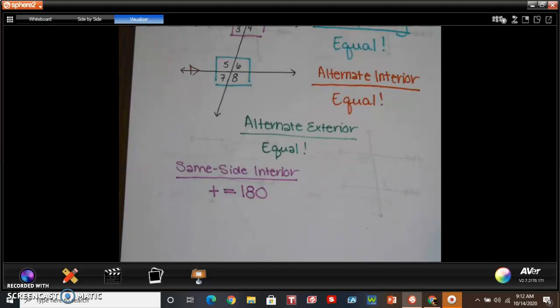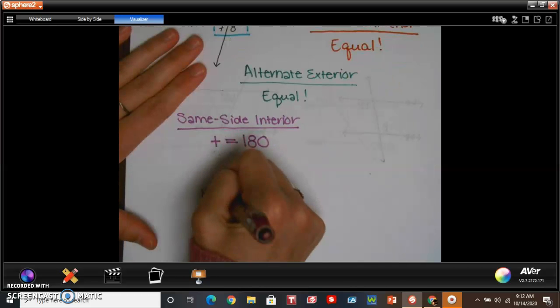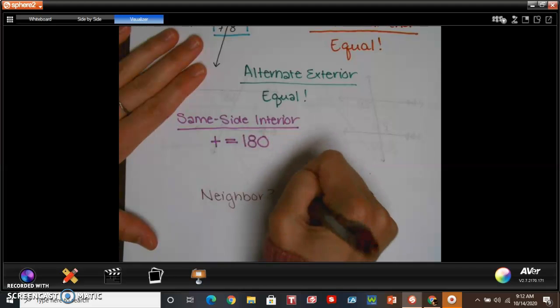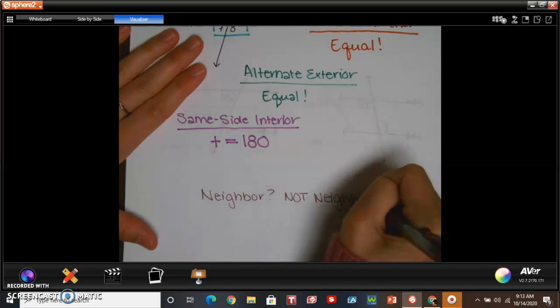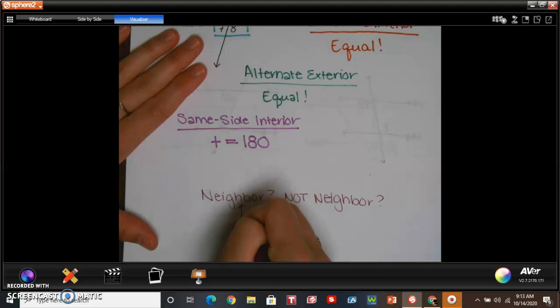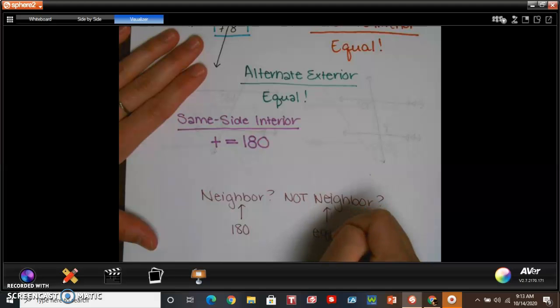Now, what's the trick I tell all my students when working with these problems? You want to ask yourself if they're neighbor or not neighbor. And why would you ask yourself that? Well, if they're neighbor, they're going to equal 180. If they're not neighbor, they're just going to equal each other.